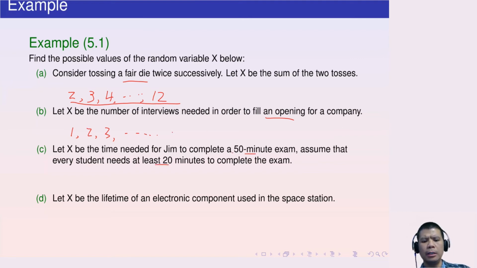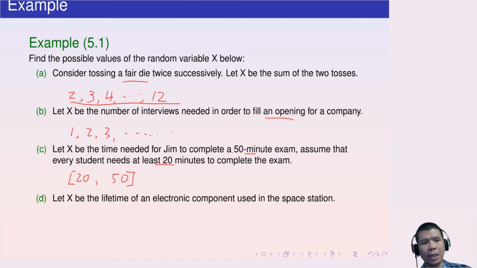So at least 20, so 20 minutes at the minimum, right? Including the 20. Because it is time, it can be literally any value in that interval. So the maximum is 50 minutes, right? So basically that X can be any value from this interval, from 20 minutes to 50 minutes.